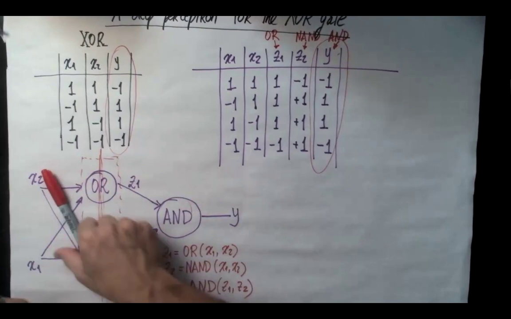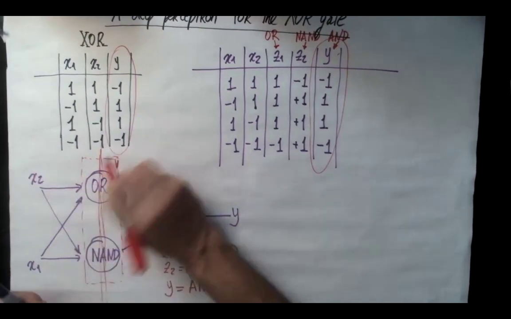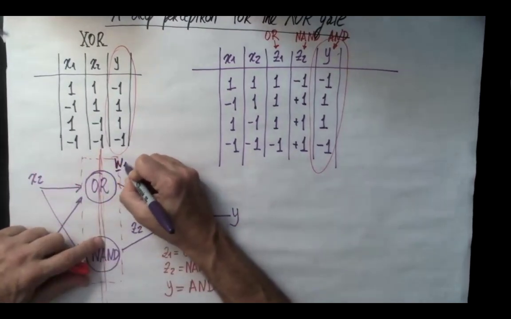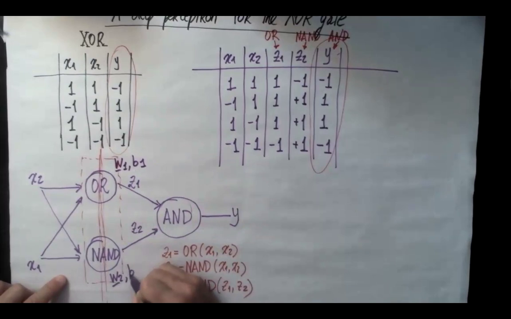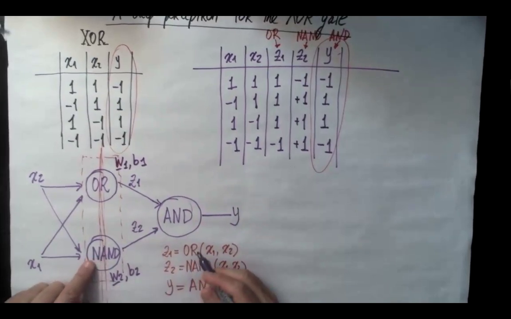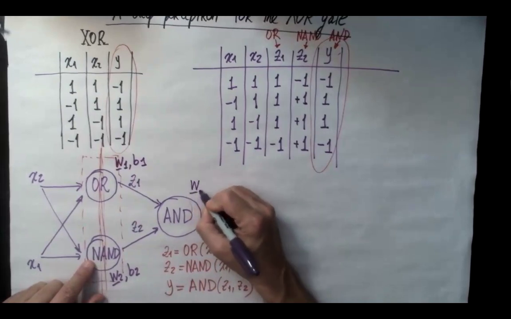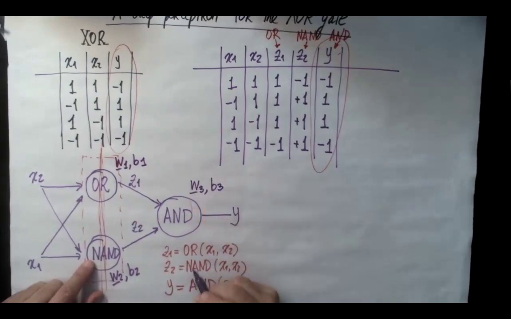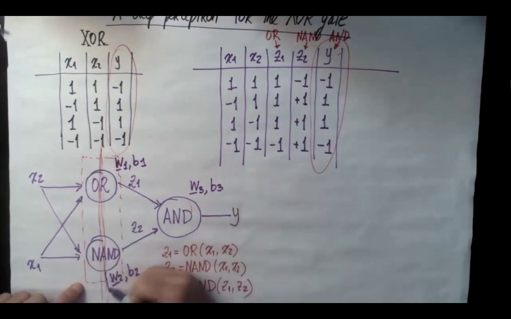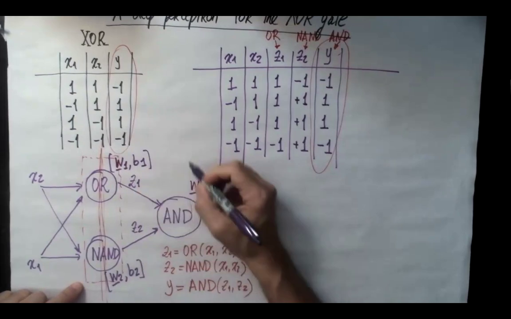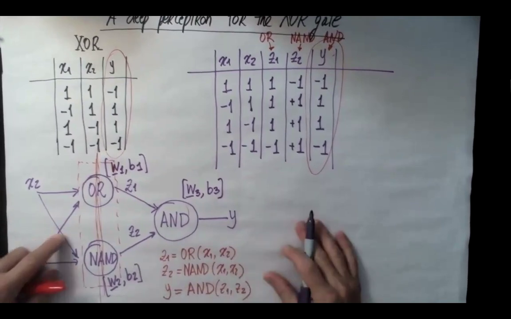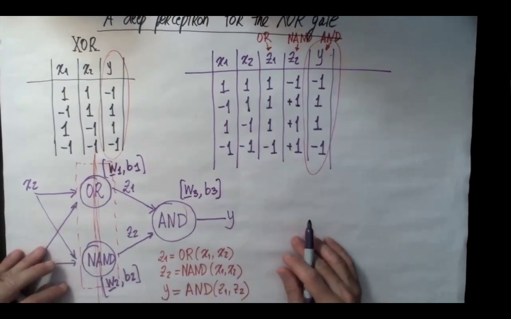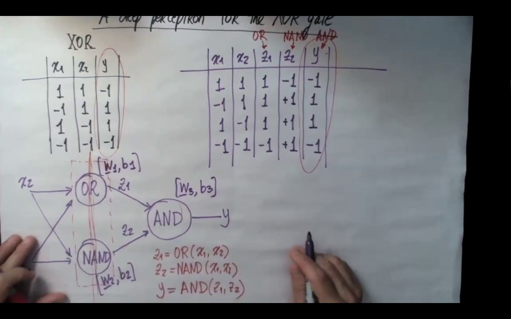That I can find a weight W1 and a bias B1 here, weights W2 and B2 to model the not AND here, and a third set of weights and bias to model the AND. This we know how to do. I made a video about it, so just find it in the YouTube playlist.